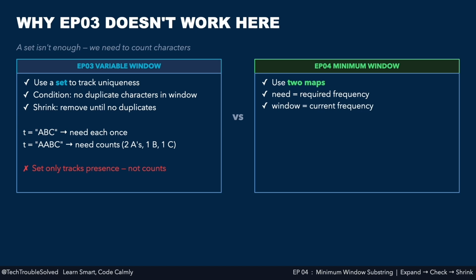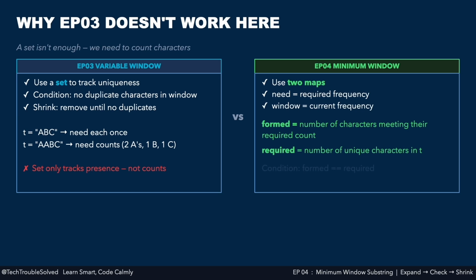That's O of k every time. We would do it n times. Not great. So instead, we track a single integer called formed. Formed is the number of characters in T that currently have their required count satisfied in the window, and required is the total number of unique characters in T. When formed equals required, every character has its required count.